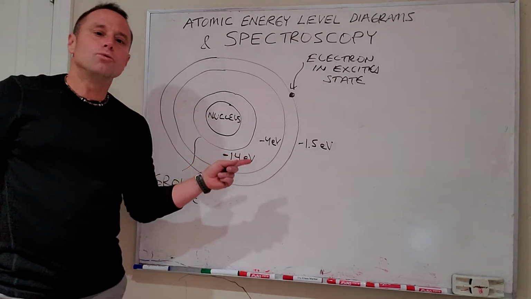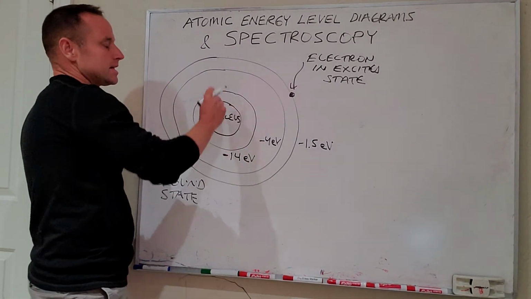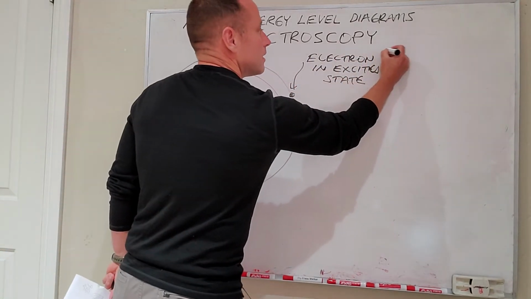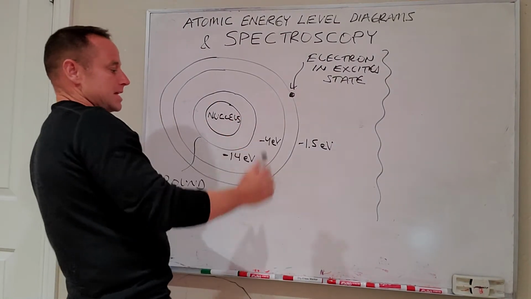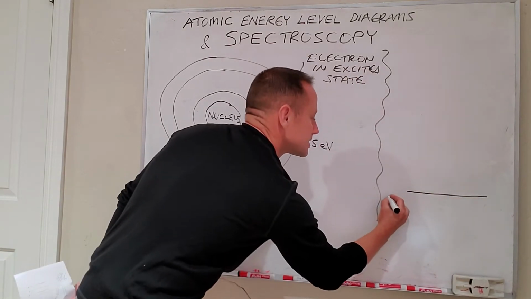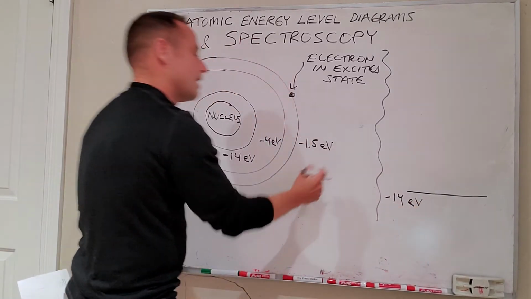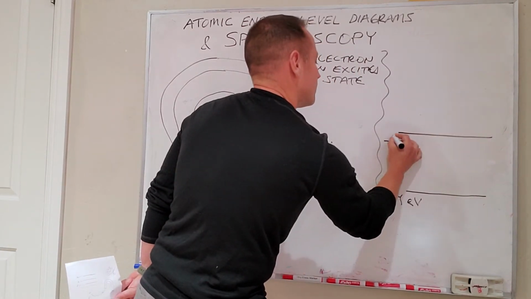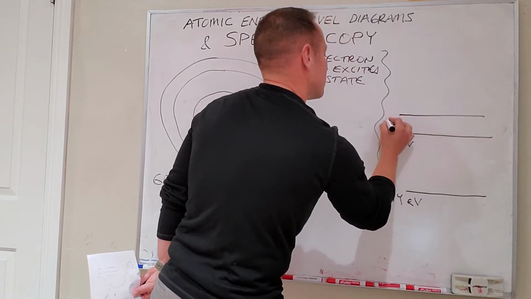Now another way this is sometimes represented, instead of drawing the atom, is to write the same energy level diagram over here. You put the lowest level down here, your minus 14 eV level, and then going up from that you get to minus 4 eV, and then our minus 1.5 eV here.